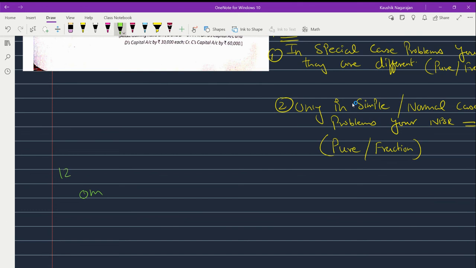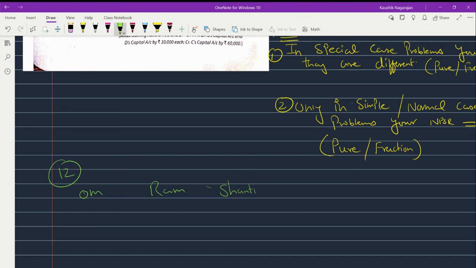This is problem number 12. Om, Ram, and the other partner was Shanti. They are partners in a firm sharing profits and losses in the ratio 4 is to 3 is to 2. Am I right?